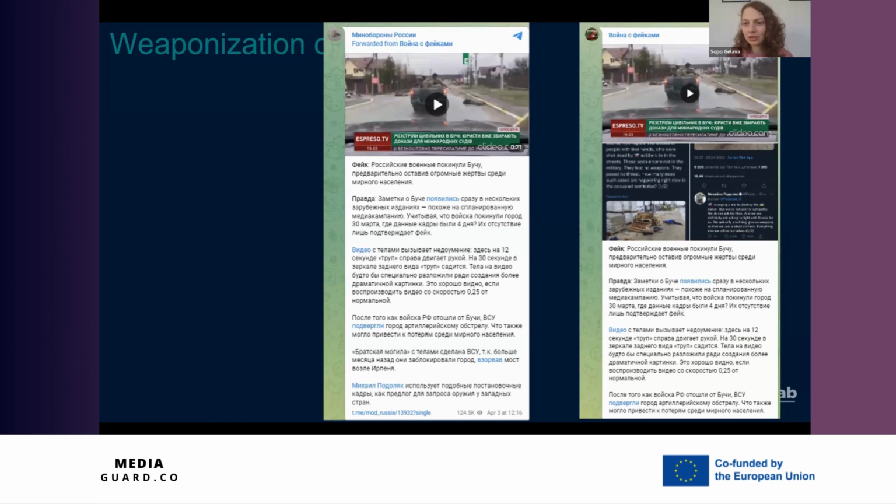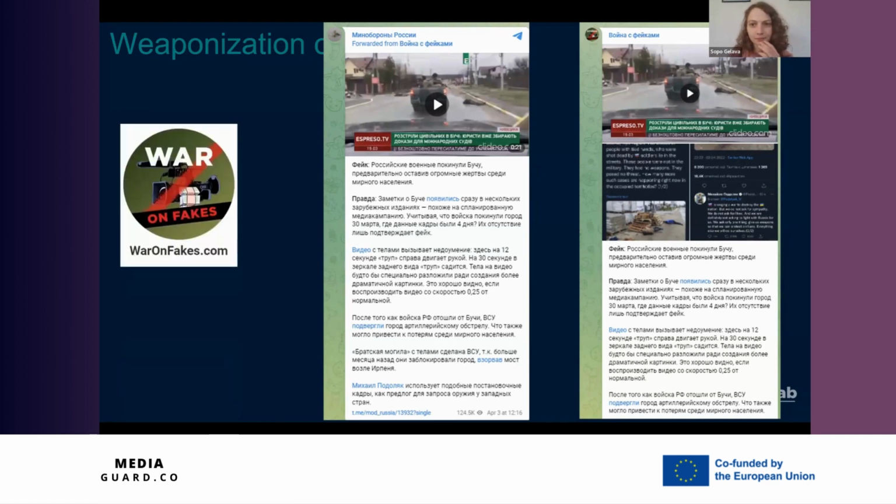And this glitch in low resolution video that creates this impression that the body is moving was used by this War on Fakes Telegram channel to create this whole new conspiracy and disinformation and false narrative that Ukraine staged Bucha and Russia did not participate in it. And again, this is one of the methods to deflect responsibility and start a totally new discussion.